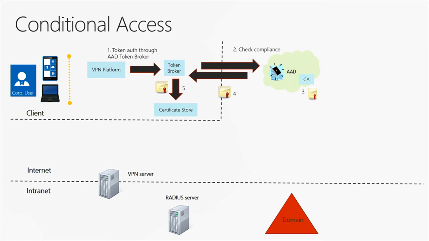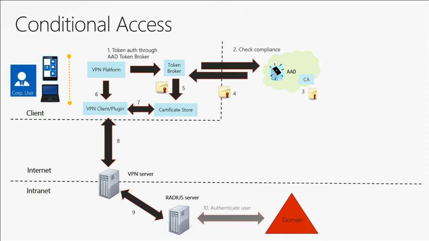And the token broker will let the VPN platform know that I'm ready for you. The VPN platform will then call into the VPN app, like the UWP app or the VPN inbox client, which will then do a certificate authentication using this certificate that was just installed. It then goes to the VPN server, to the RADIUS server, and the domain.